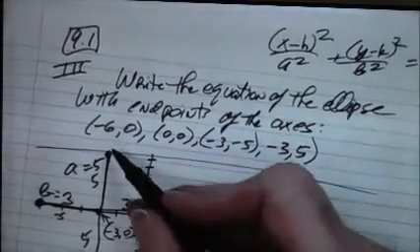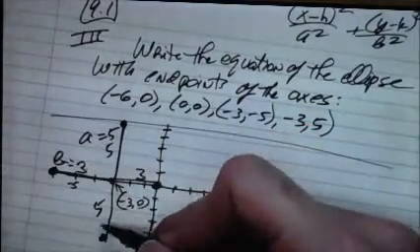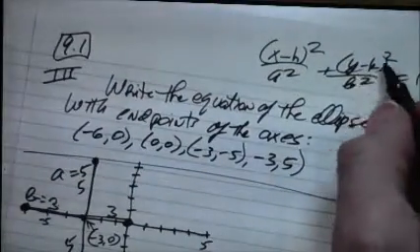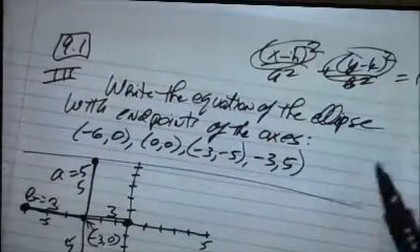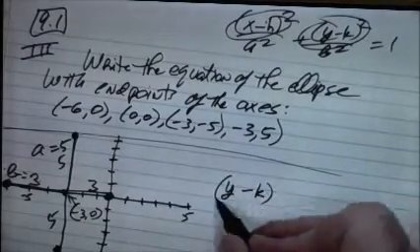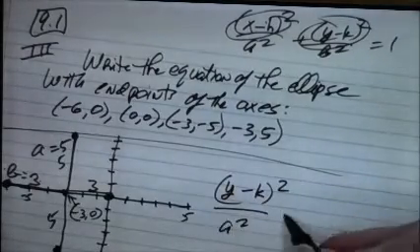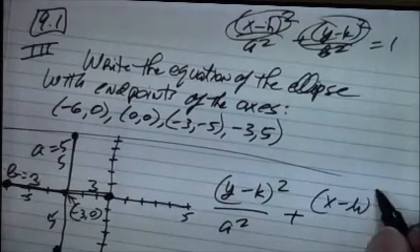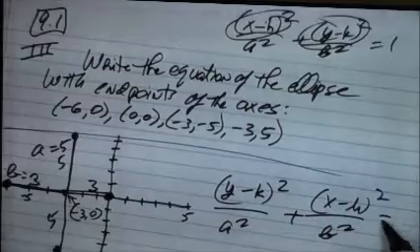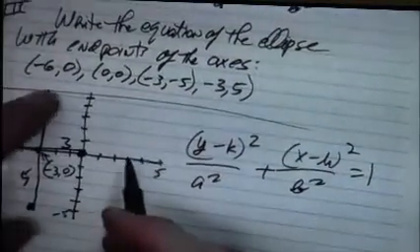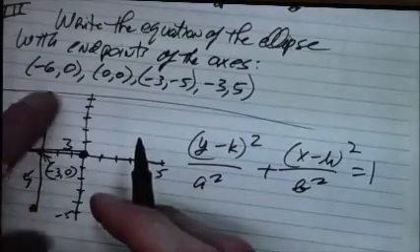But we have a little problem, and that's that the major axis is going up and down. It's parallel to the y-axis. So that means that this and this need to switch. So what I'm going to do is y minus k squared over a squared plus x minus h squared over b squared is equal to 1. I'm reversing those because I can now see that the major axis is vertical.